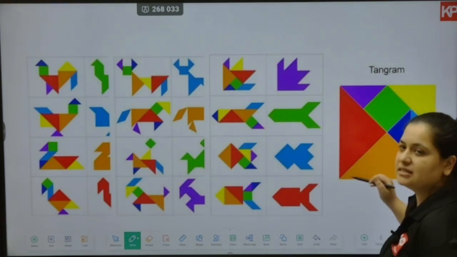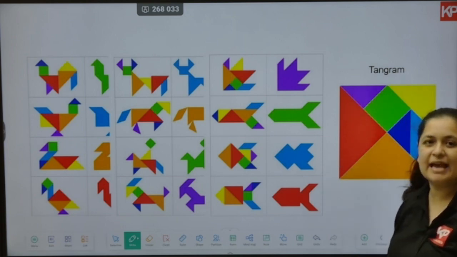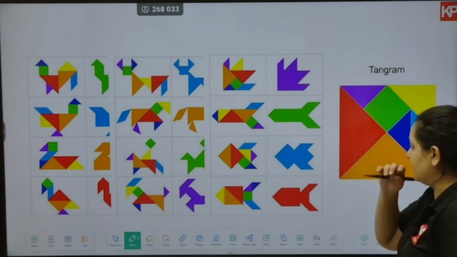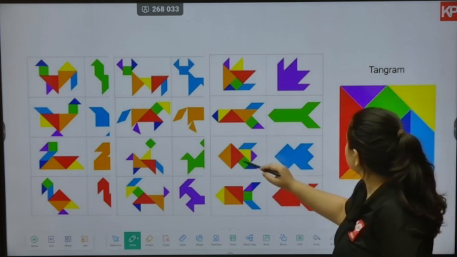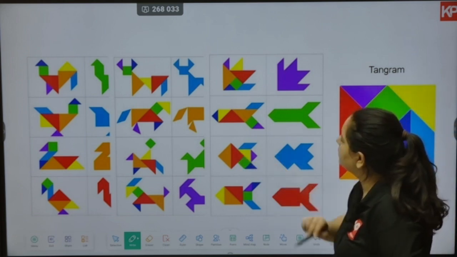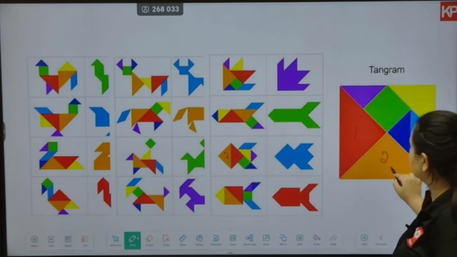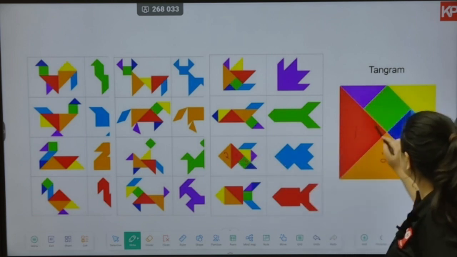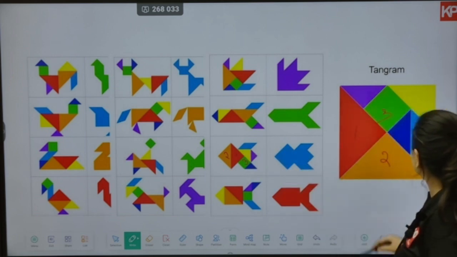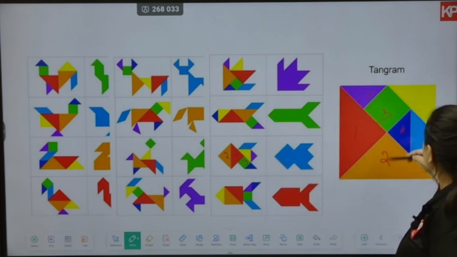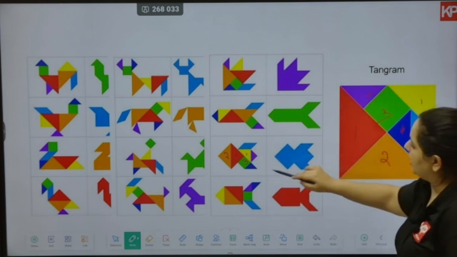And with these smaller shapes, you can make n number of patterns, n number of diagrams. For example, let's check what is happening in this particular square. There is a big triangle, another big triangle, there is a square, there are two smaller triangles, there is a medium triangle, and there is a parallelogram.